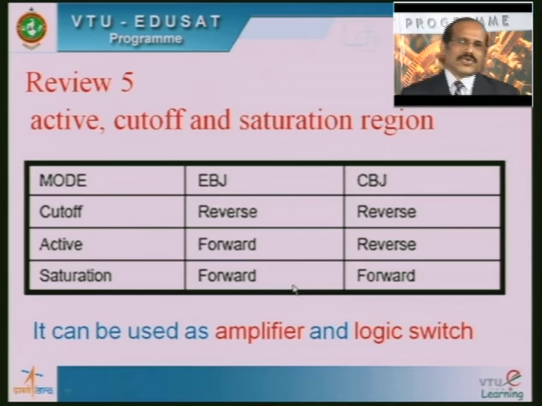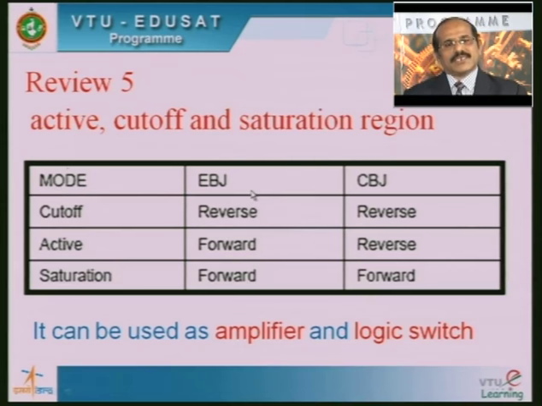We have also noted that a semiconductor junction can have a forward bias or a reverse bias, so there will be combinations of forward and reverse bias. Depending upon the suitable combination, the BJT can operate in either the active region, cutoff region or saturation region.